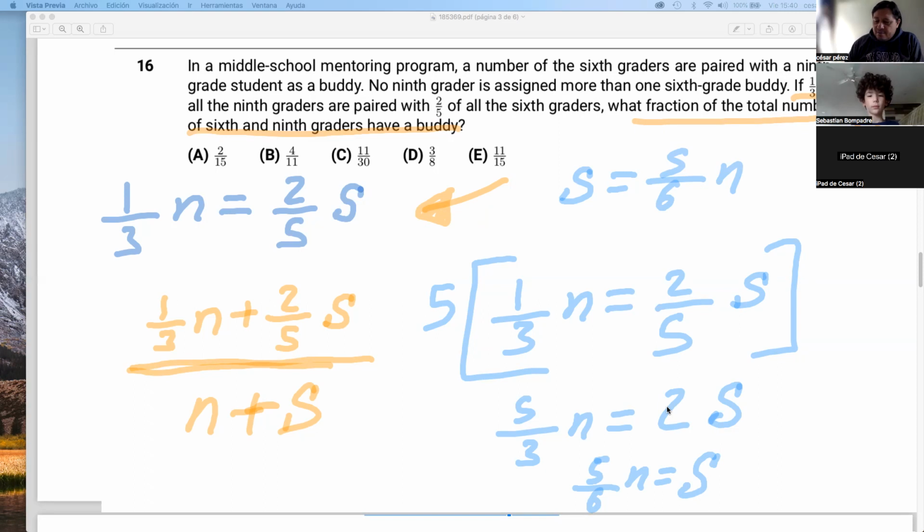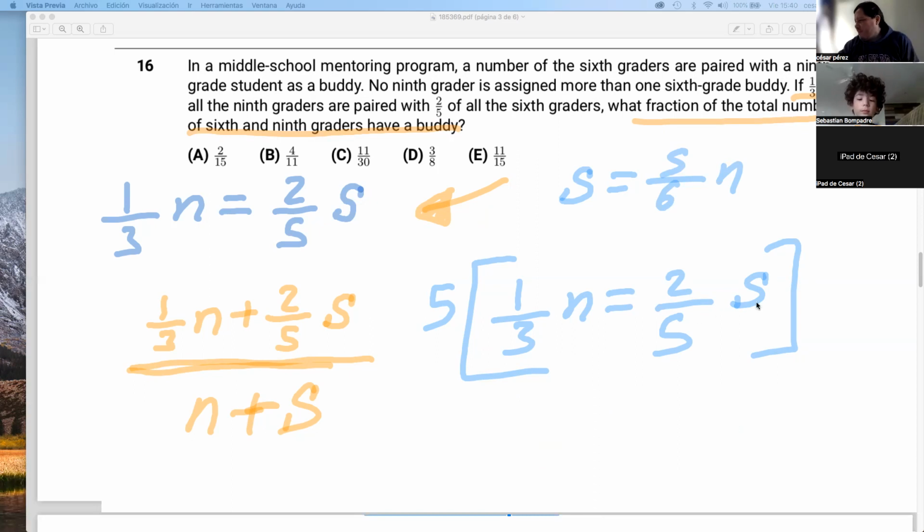We can make this faster. We can solve for s faster if we multiply by 5/2. That is the reciprocal of this number. We are going to exchange the numerator and denominator.